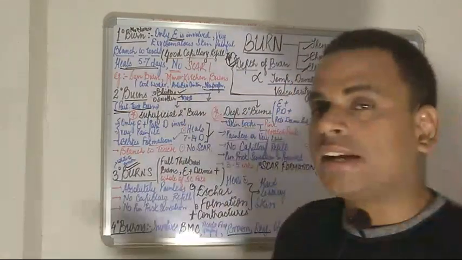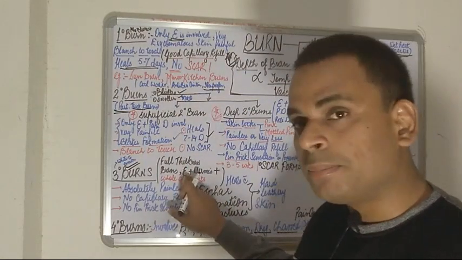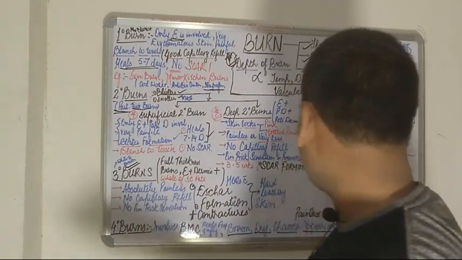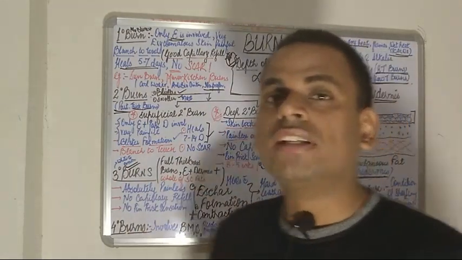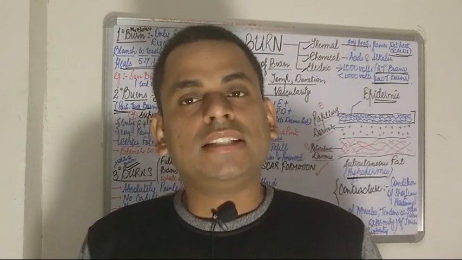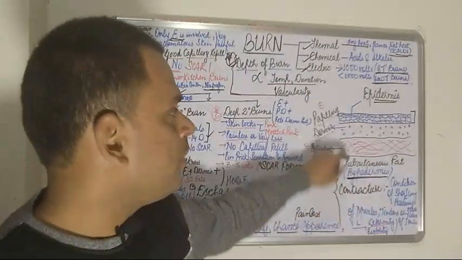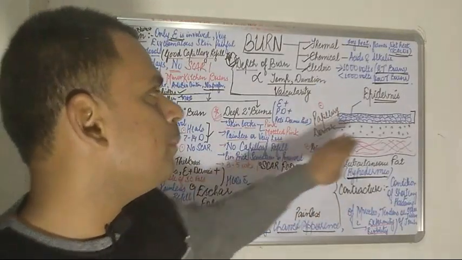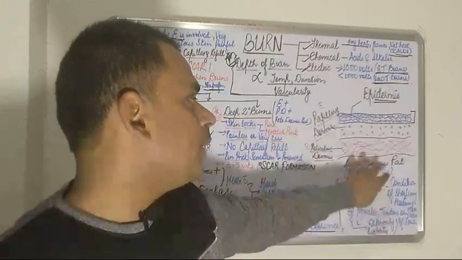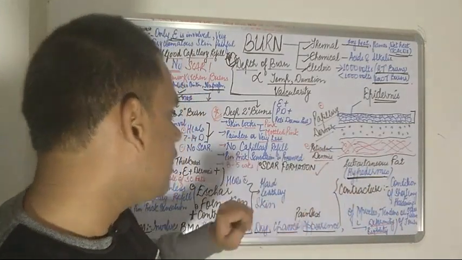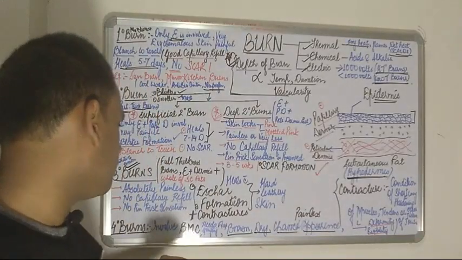So students, do remember that the 3-degree burns are known by another name, the full thickness burns. In this condition, the entire epidermis plus the dermis, that is the papillary and the reticular dermis both, and the whole of the subcutaneous fat, the hypodermis, also get involved.